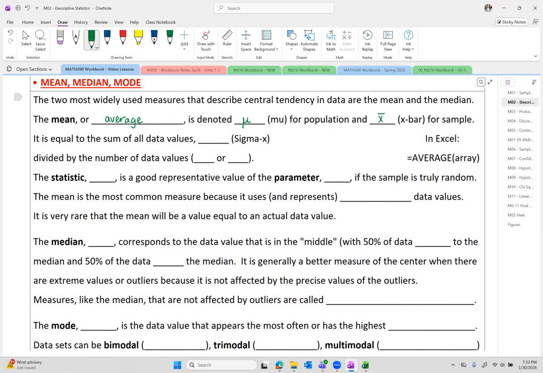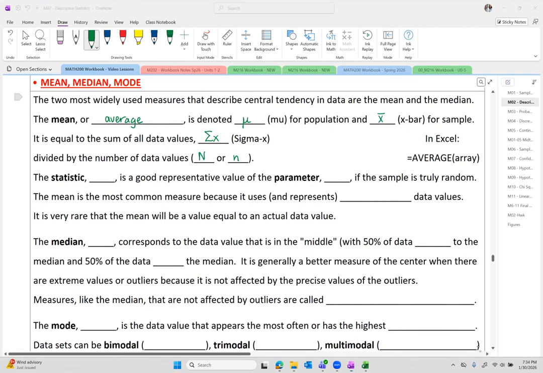And to find the average, we add all the data values. The notation is sigma x, and we divide by the number of data values, which is the size of the population, uppercase N, or the size of the sample, lowercase n.